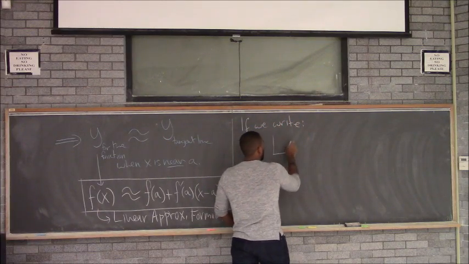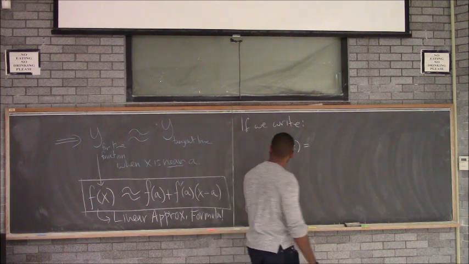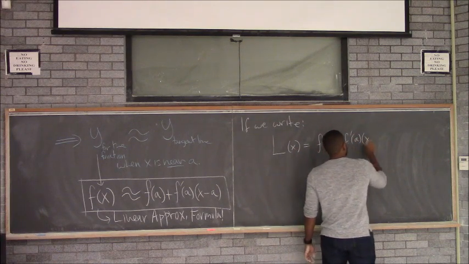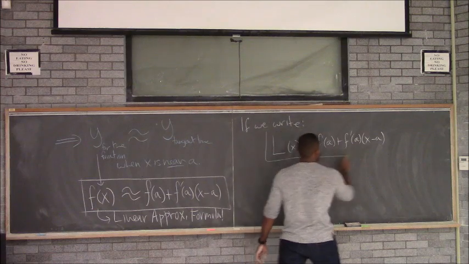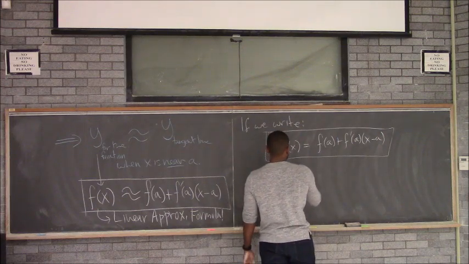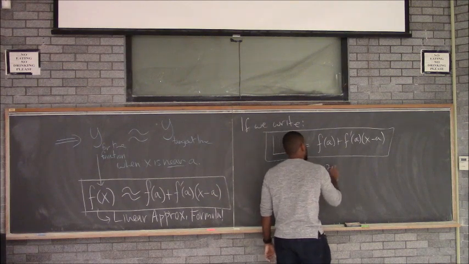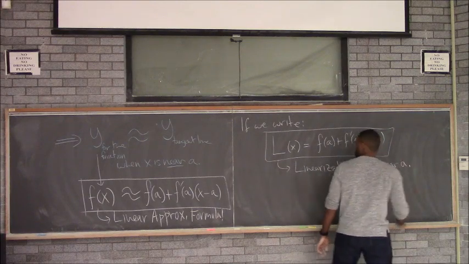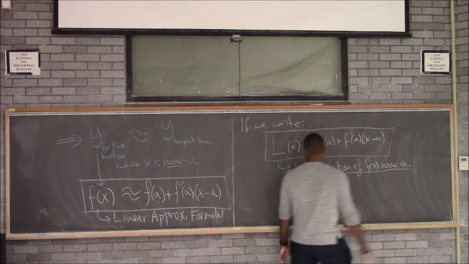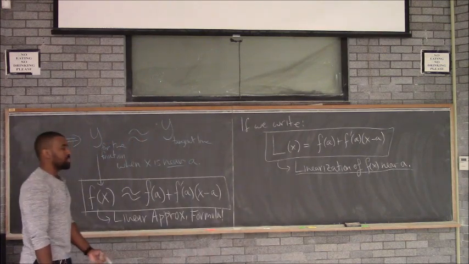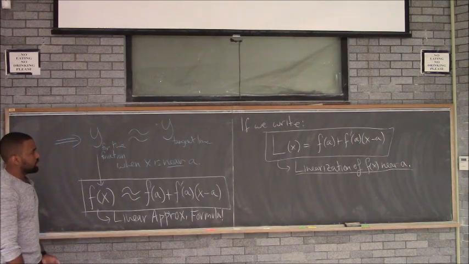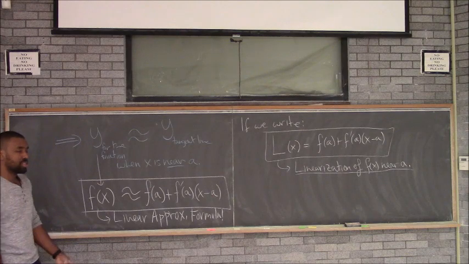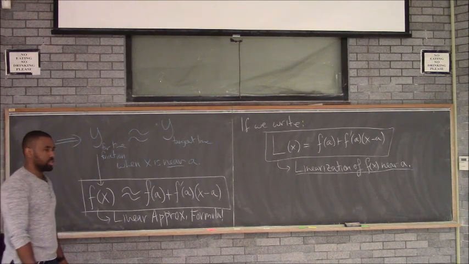Sometimes you think of a function called L of x for a line, and we define it to be f of a plus f prime of a times x minus a. And this function here is called the linearization of f of x near a. So pretty much instead of thinking of the original function itself, I can think of the equation of some line, in particular the tangent line, close to the point of interest.